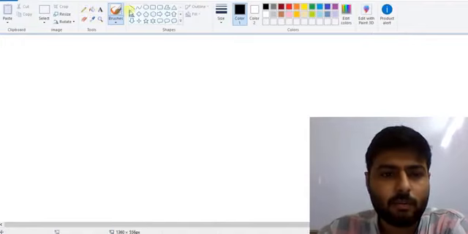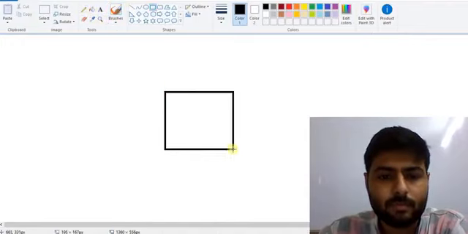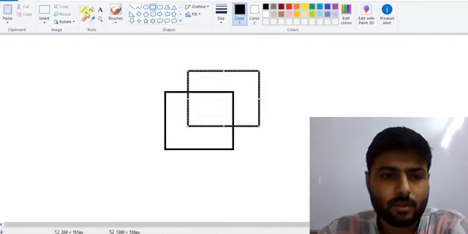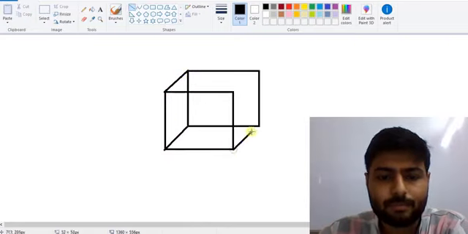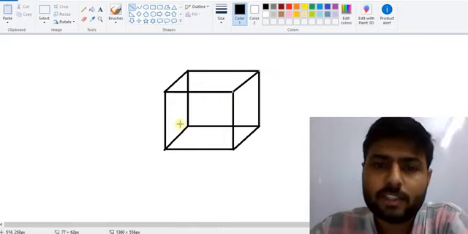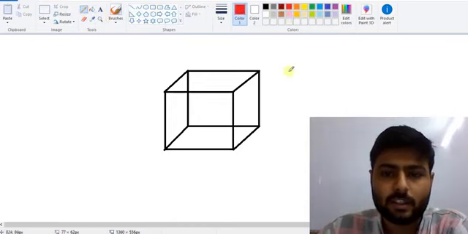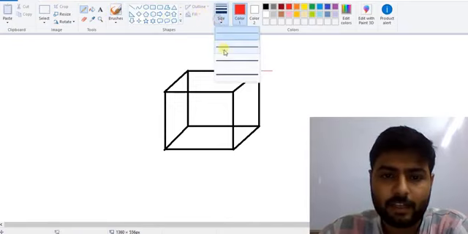Let's say we have one cube, and the sides of this cube are 1 centimeter, which means all these lengths are 1 centimeter.